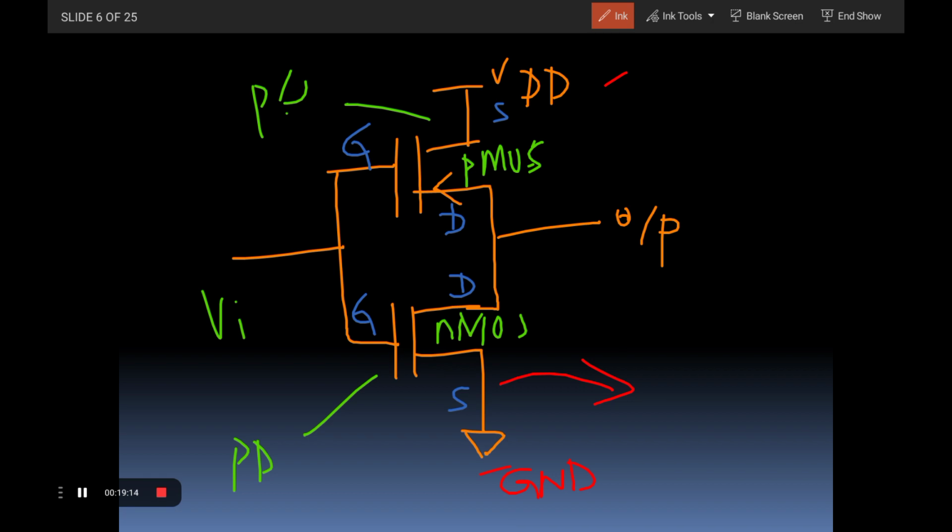Okay, so why is it connected this way? Then only it is possible. Suppose you want to take the output in the case of a CMOS circuit, these two terminals are drain terminals. Then only is it possible to take the output from the CMOS circuit. So this is the connection.